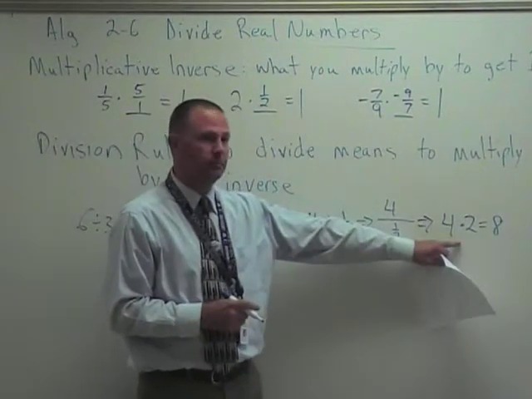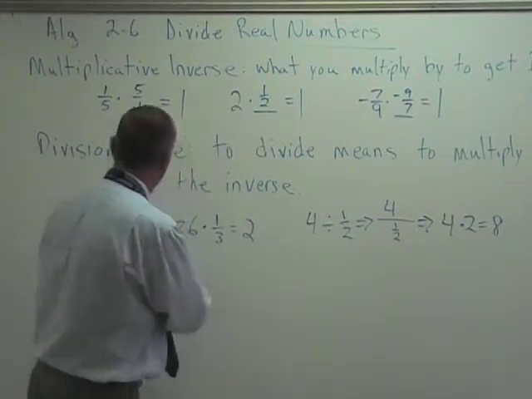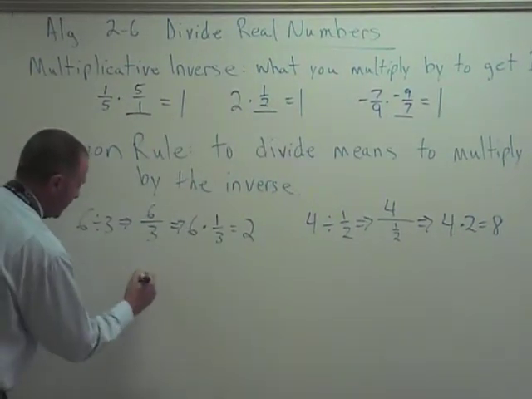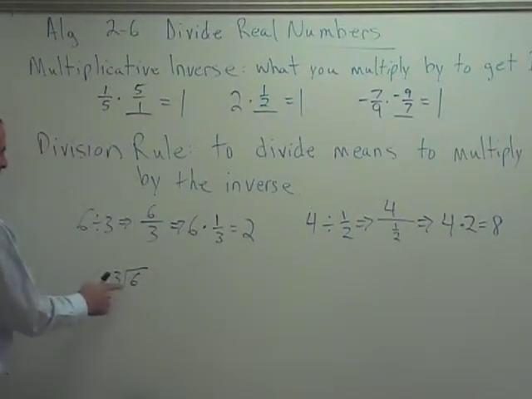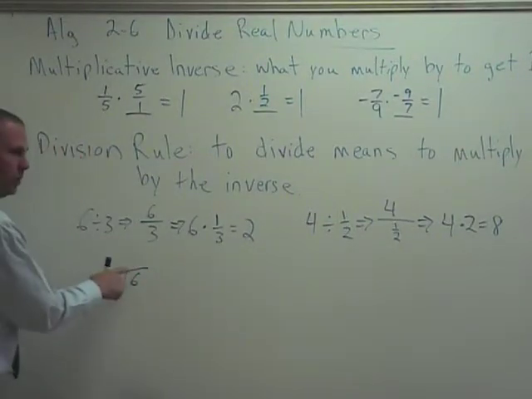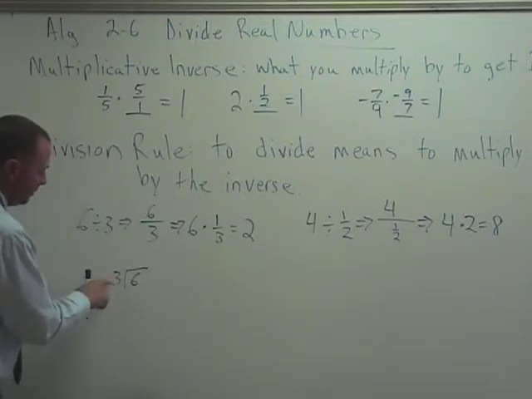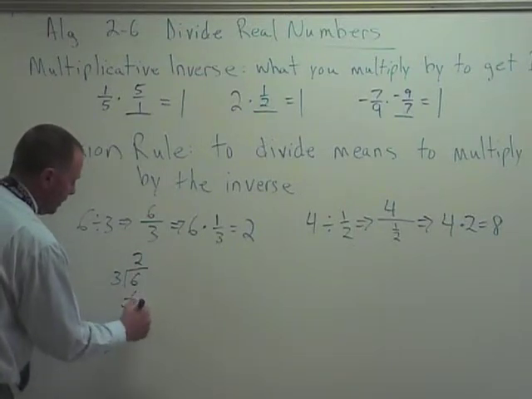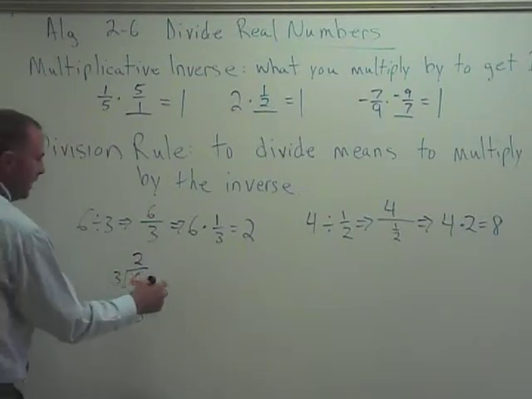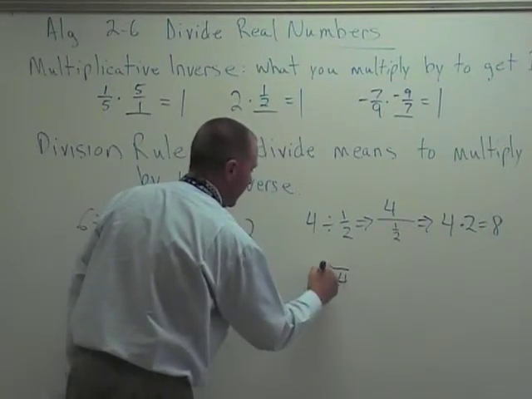Now let me show you the long division to show you that this works. 6 divided by 3, that's the same thing. You don't have to write this down. Long division is really multiplication. What times 3 gives me 6? 2. So that's why you're multiplying. Now this one, 4 goes inside the box and 1/2 is out here.